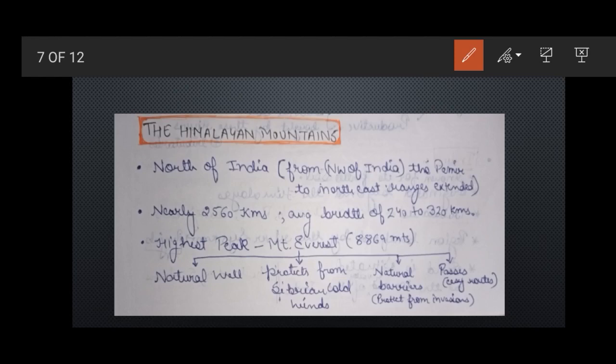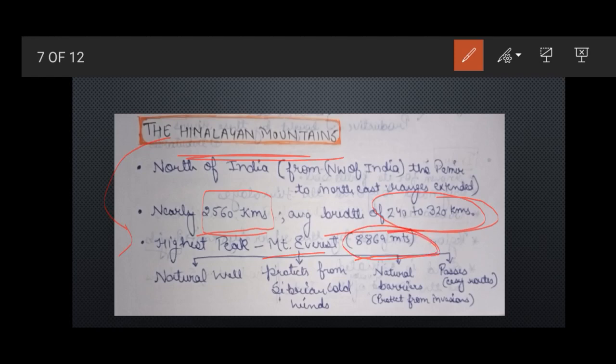Before moving further, let me tell you the length of the Himalayas. They are approximately 2560 kilometers in length, and on average their breadth varies from 240 to 320 kilometers. The highest peak of this mountain range is Mount Everest, whose height is 8869 meters.